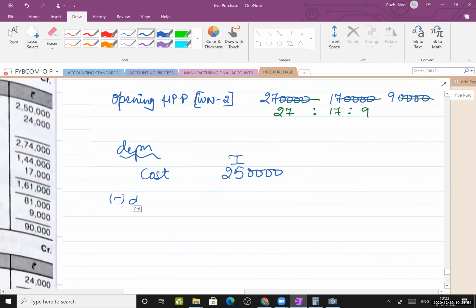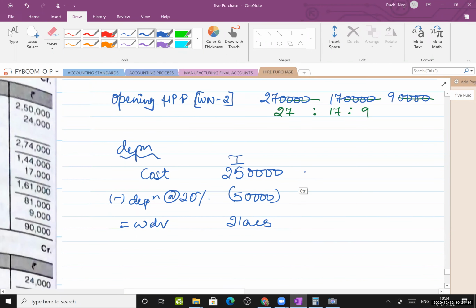Less depreciation at the rate कितना बोला है? 20%. So 2.5 lakhs 20% will become 50. So my WDV is how much? 2 lakhs.